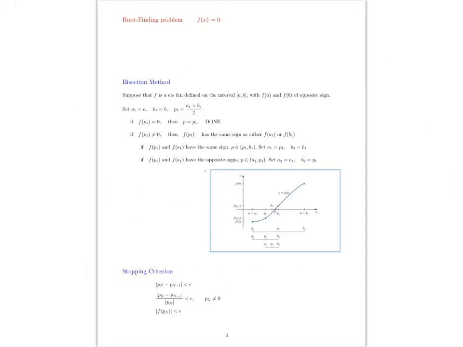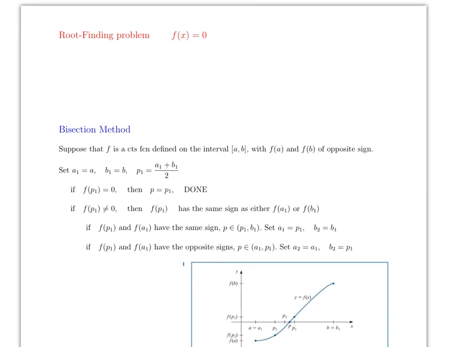All right, let's go to chapter 2 now. And the main purpose of chapter 2 is how to find solutions to this problem, or the root finding problem. Specifically in chapter 2, we're going to focus on solutions of equations in one variable.